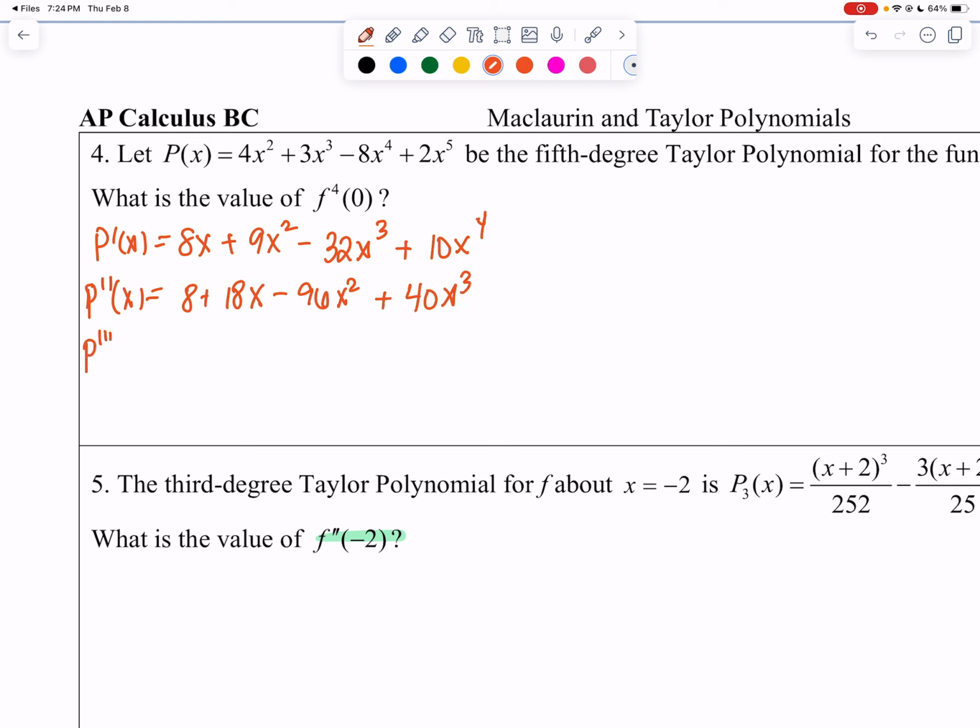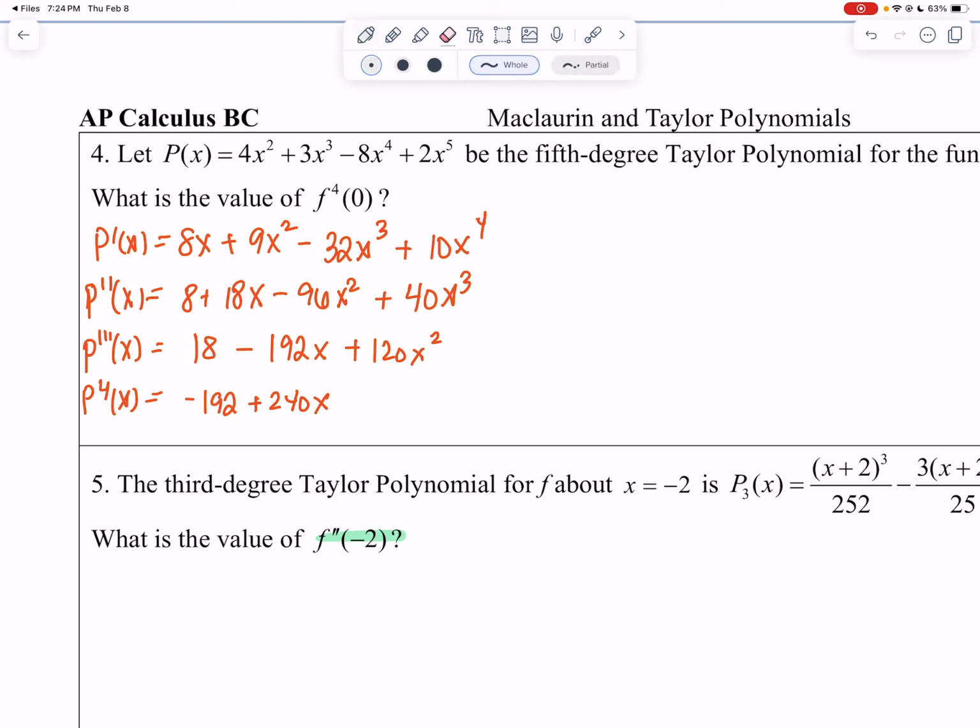My third derivative, okay, 96 times 2. And then my fourth derivative, right here. Now we want to find the fourth derivative at 0. So if I'm going to substitute in 0 right here, this lovely 240x is going to become 0. So this means that my fourth derivative at 0 is going to be negative 192. And that was me using the old-fashioned way.